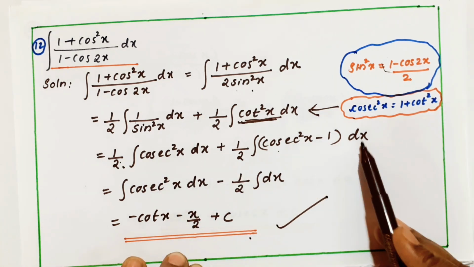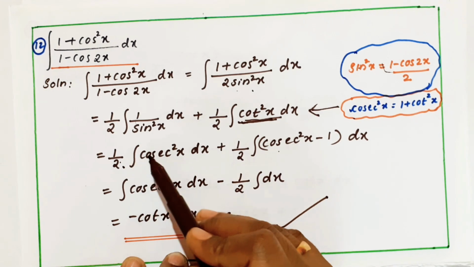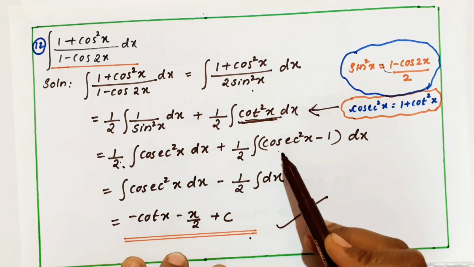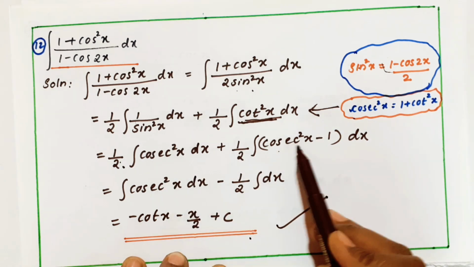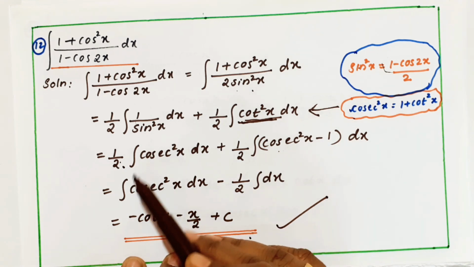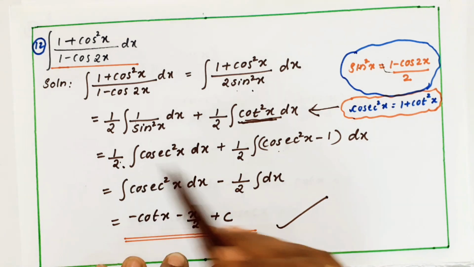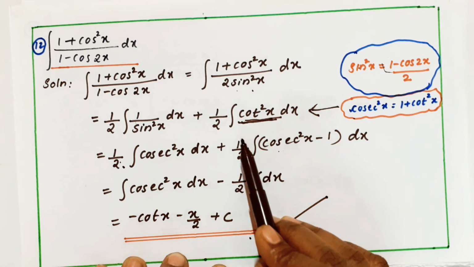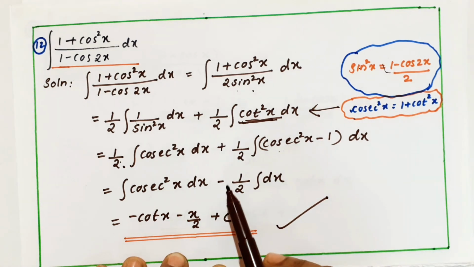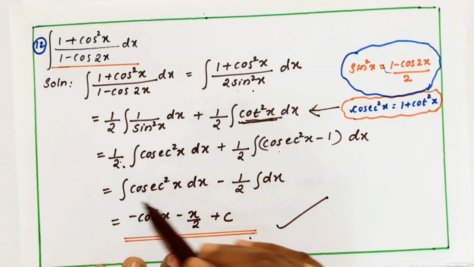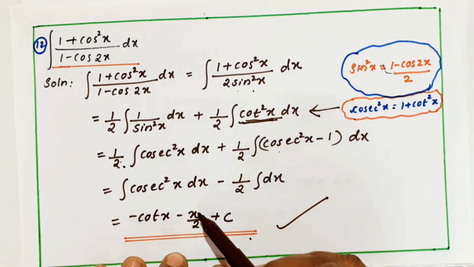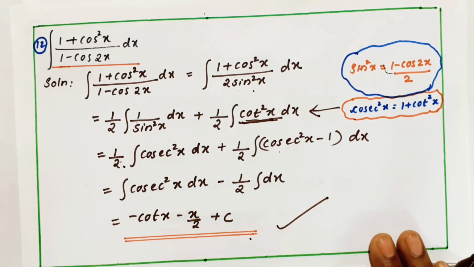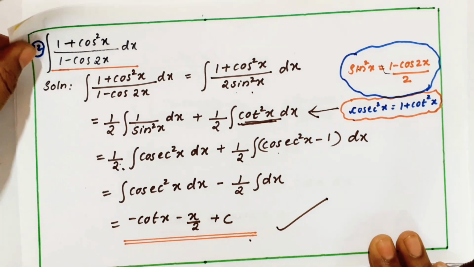After writing that step, I have seen two similar terms: 1 by 2 integral cosec square x dx, and this also, the first term, 1 by 2 integral cosec square x dx. So I added these two terms and I have written integral of cosec square x dx. Half plus half will be 1. Second term will be half minus dx, so that is minus 1 by 2 dx. Then next term: integral of cosec square x is minus cot x, minus integral of dx is x by 2, plus c. Clear? Clear? Good question, right?